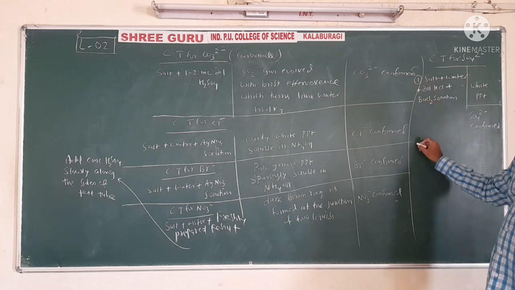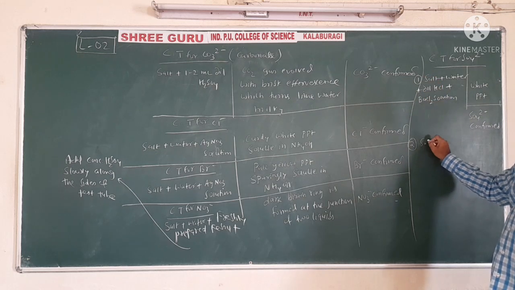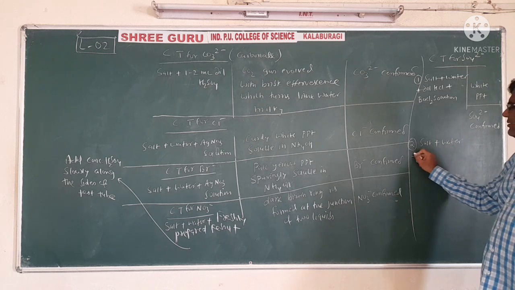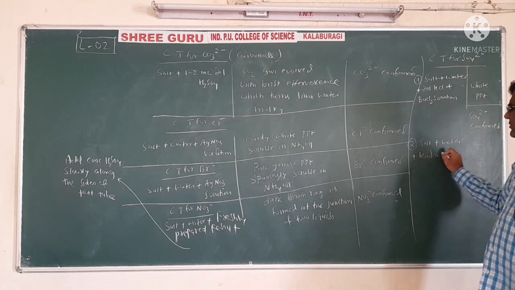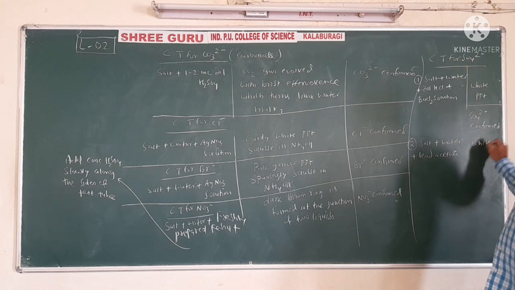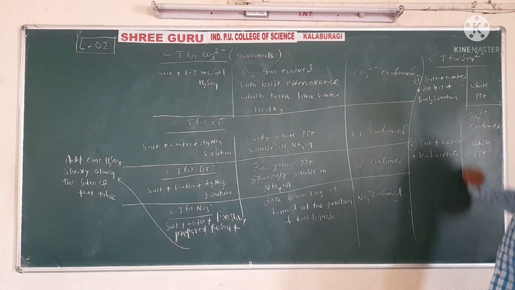This is one CT. One more CT is there. Salt plus water plus lead acetate, and you again get the white precipitate as an observation, and you have to say that sulfate is confirmed.